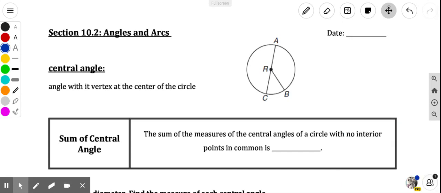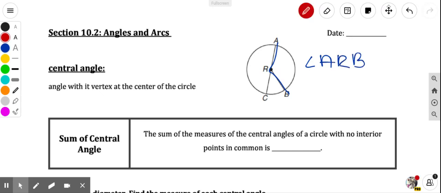So first of all, a central angle is an angle in a circle with its vertex at the center. A few examples of a central angle here could be this angle here, angle ARB. That could be a central angle.